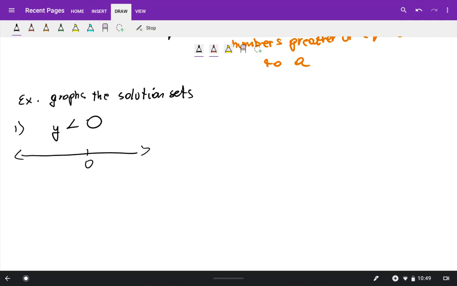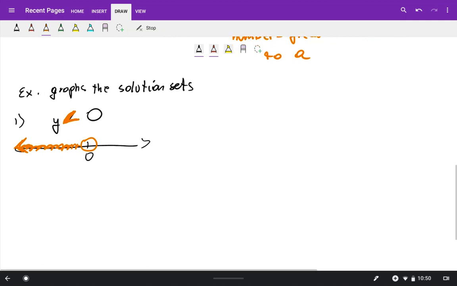The solution set is all real numbers less than 0, and we're not including 0. The direction of the number line matches the direction of your inequality, so I need to shade everything to the left, and we're not including 0.